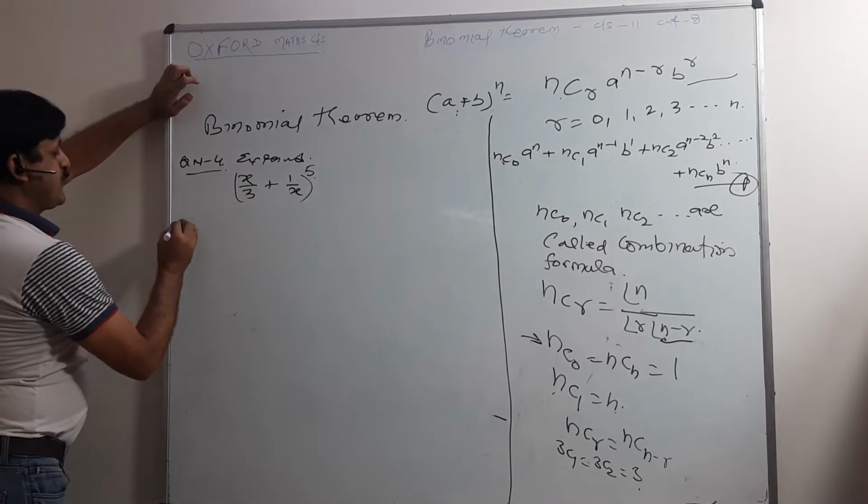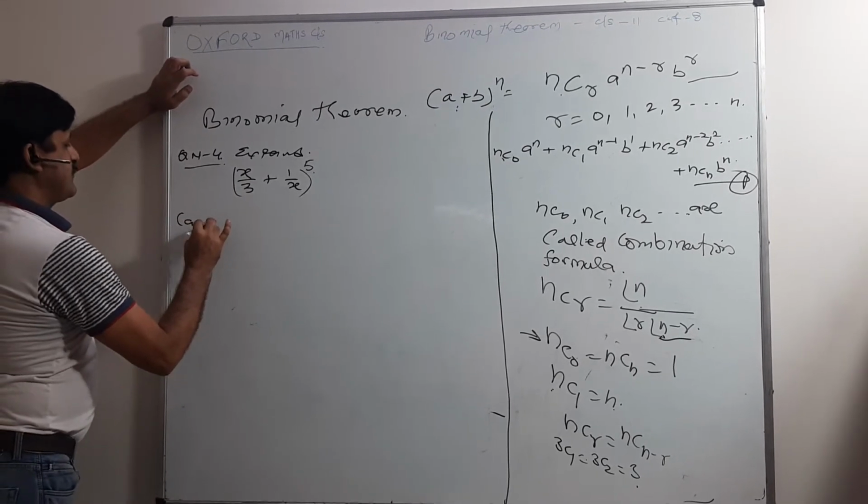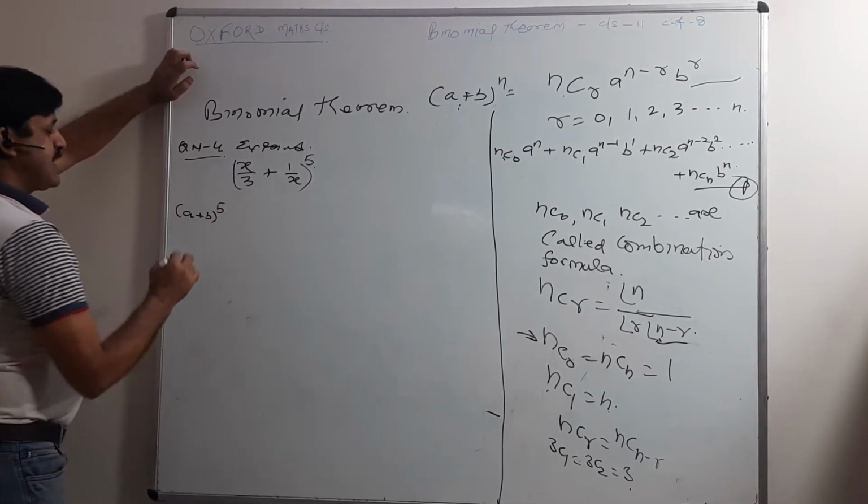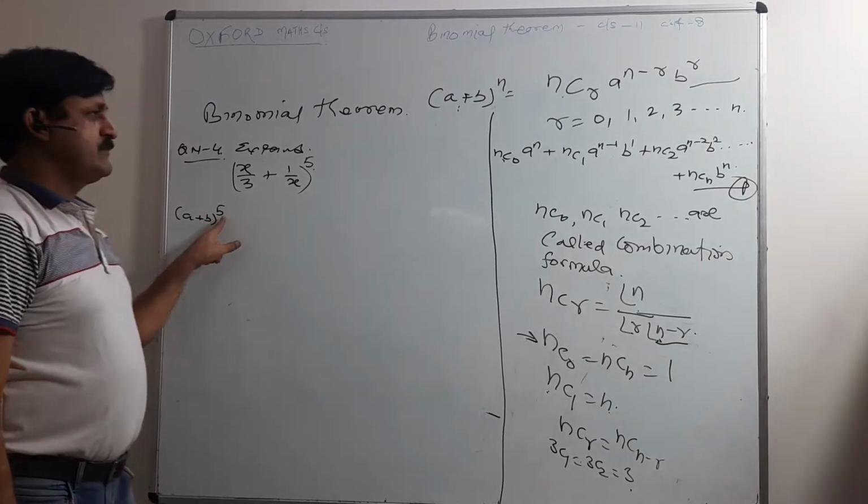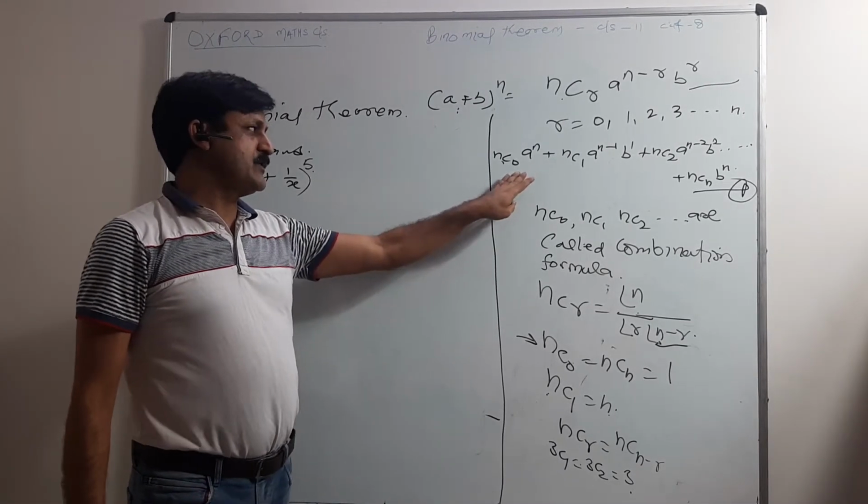This is (a plus b) whole power 5. Put n is equal to 5 in the general binomial theorem.